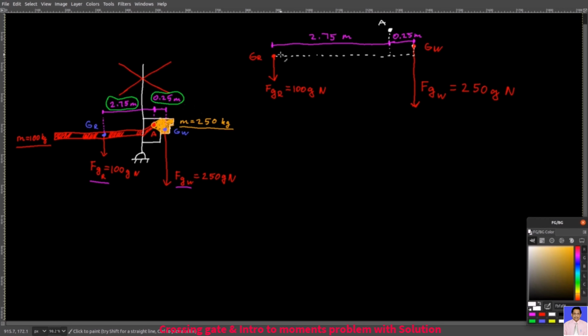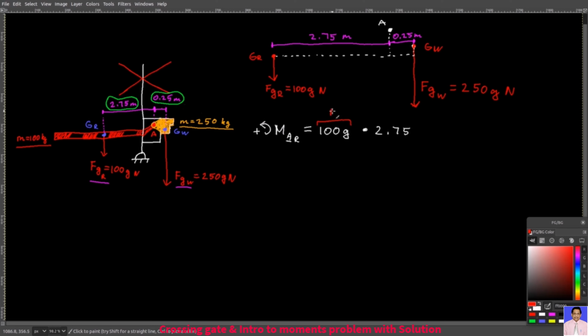Let's first calculate the moment from the crossing gate. As mentioned before, the typical convention is that a counterclockwise moment is positive, and so the moment about point A due to this crossing gate is the following: 100 G times 2.75.